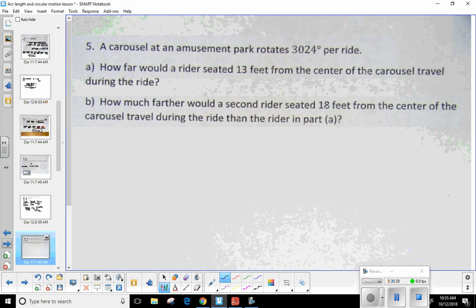What was the formula for that again? S equals R theta. So do we happen to know the radius? Yes, 13. That would be the distance the person is from the center. So 13 times 3024, but what am I forgetting? It has to be in radians.